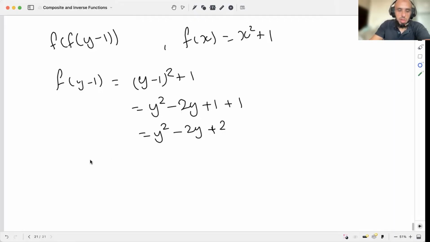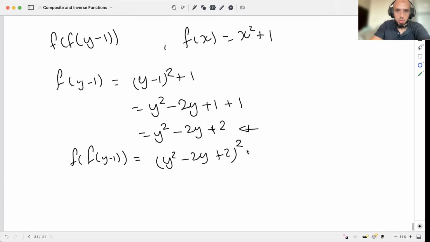So now let's get f of f of y minus 1. We apply the function x squared plus 1 on this. So we get y squared minus 2y plus 2 in the place of x. So we square it and then add a 1 to it.